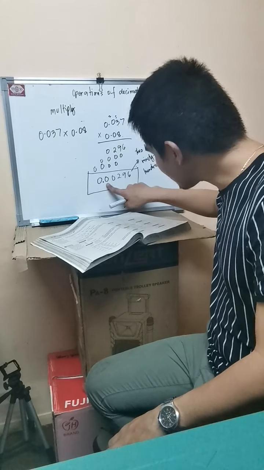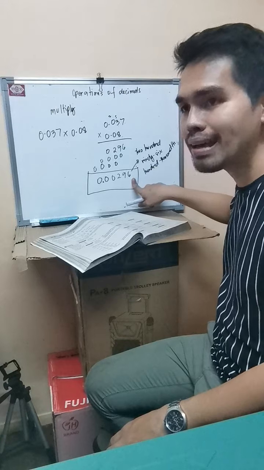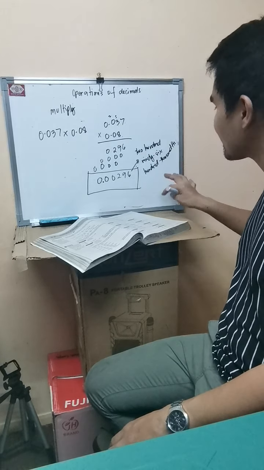Again, tens, hundreds, thousands, 10,000s, 100,000. So that's why we wrote this one in word form as 296 hundred thousandths.